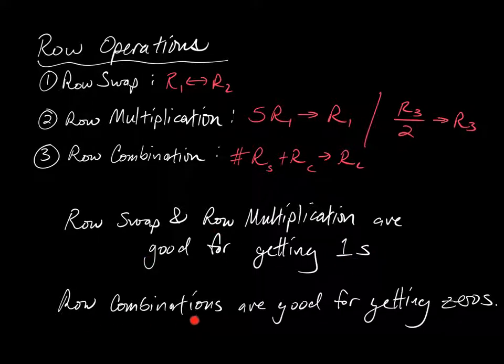And the row combinations are what we like for getting zeros. And so over here in the red ink are just what row operations look like. This does not include any of the math that will be done with these row operations.